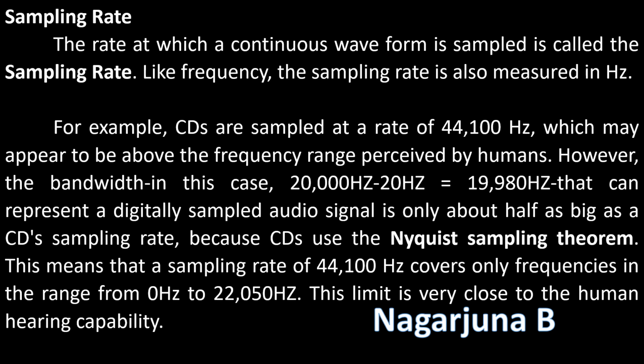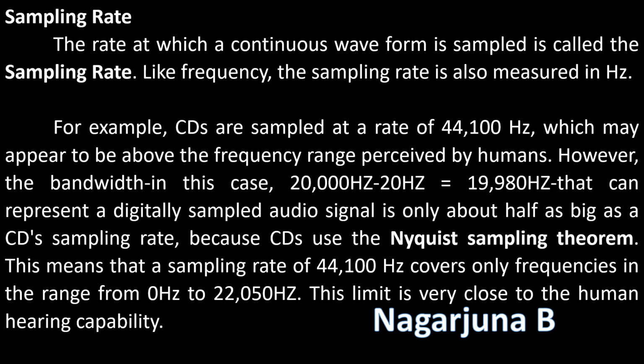is only about half as big as the CD sampling rate, because the CD is sampled at the rate of 44,100 hertz, whereas the bandwidth which humans can perceive is 19,980 hertz. That means it is almost half of the CD's sampling rate.